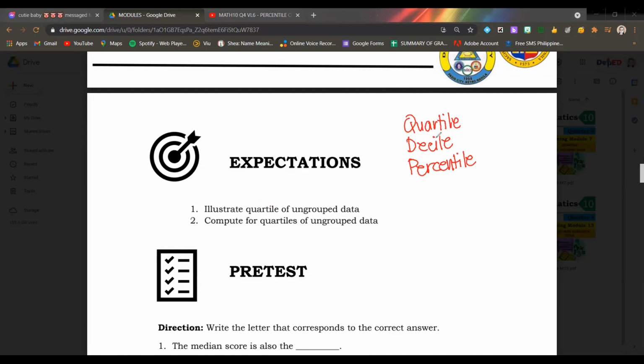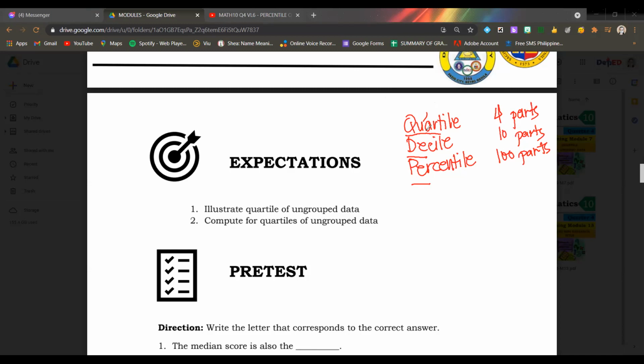Ano po, yung quartile po is divided into 4 parts po. Then decile is divided into 10 parts po. Then percentile is in 100 parts po. Correct. So as you can see, dito pa lang sa pangalan nila, makikita nyo na itong quartile means 4 or, diba, when we say quartile, makikita nyo dyan yung quad.